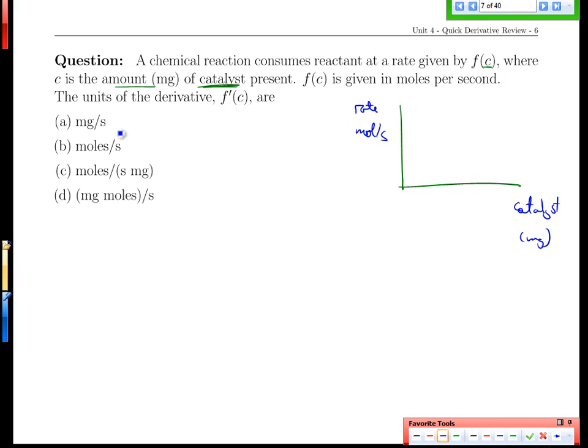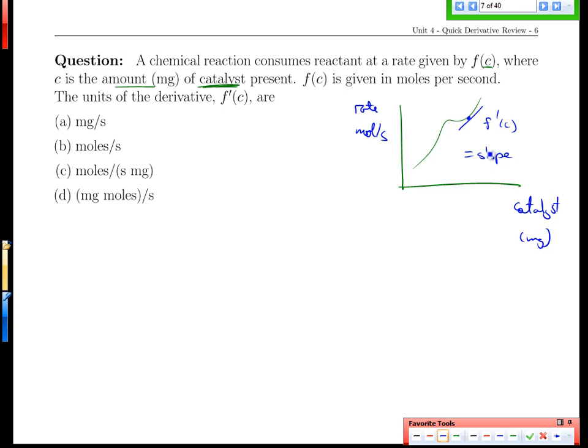Okay. What would the units of the derivative f prime of C be? I'll give you a couple seconds to think about that and then go through it. Just remember, whatever this graph looks like, when we talk about the derivative, f prime of C is going to be a slope.